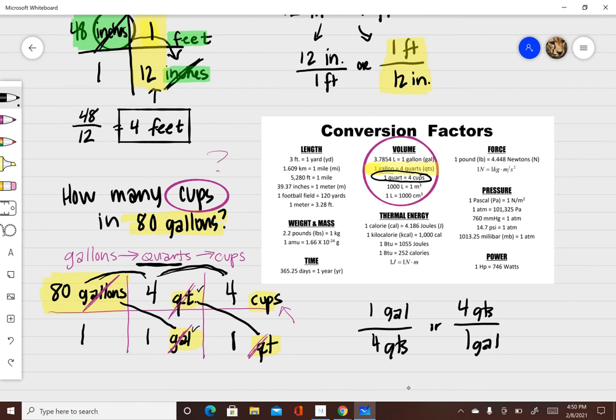So I'm going to multiply across 80 times 4 times 4. Okay. And then when I get my final answer, somebody else can call me out if I did this incorrectly, but that should be 1,280 cups. And that's my final answer.